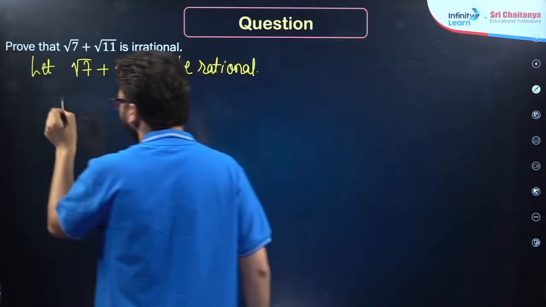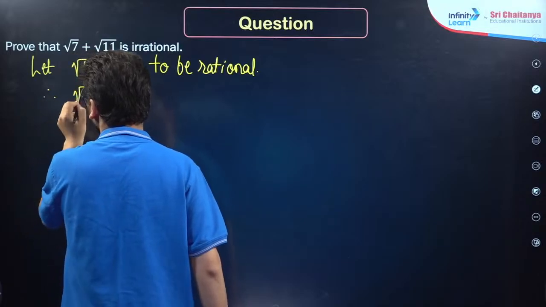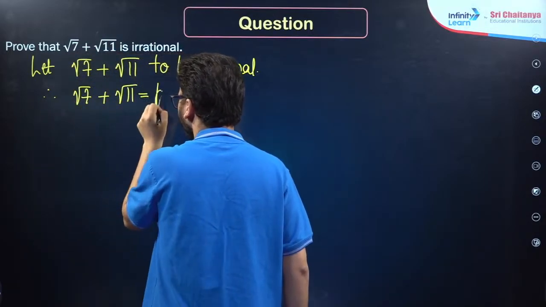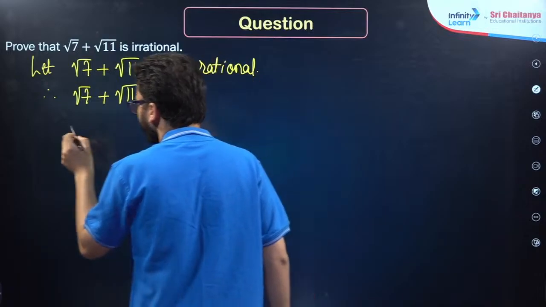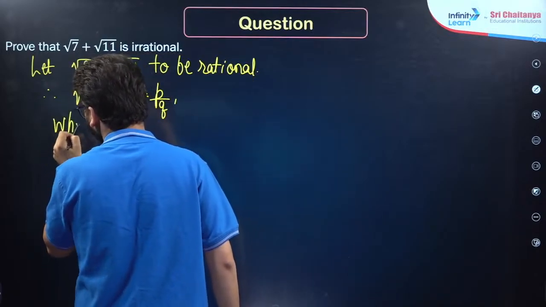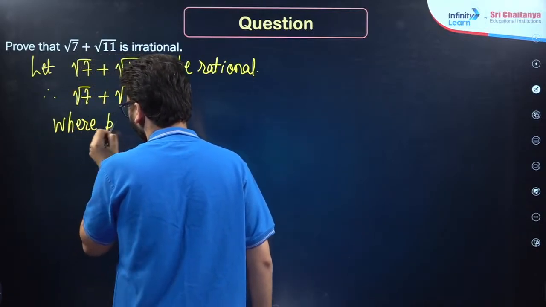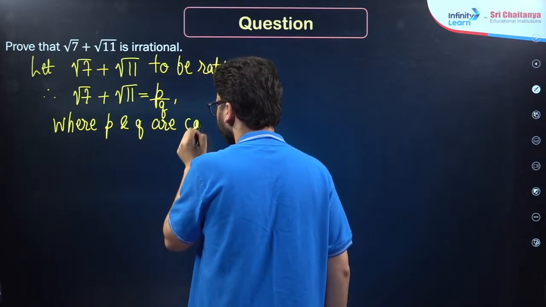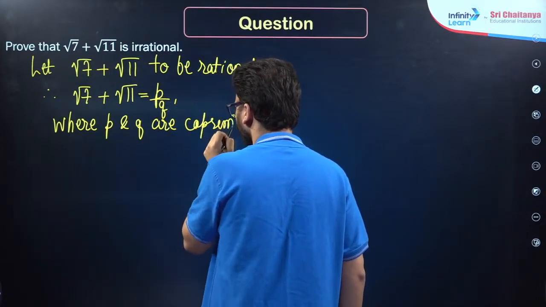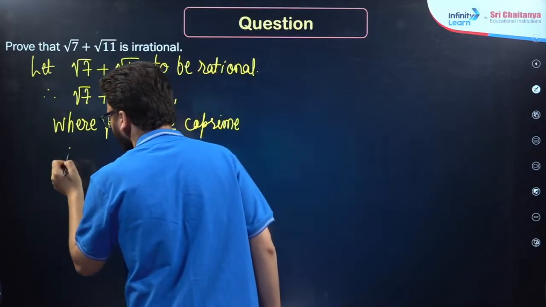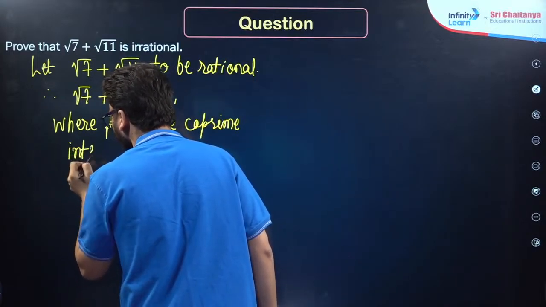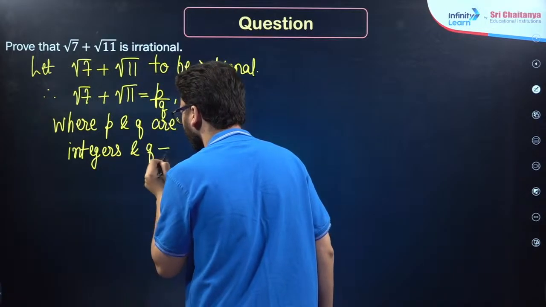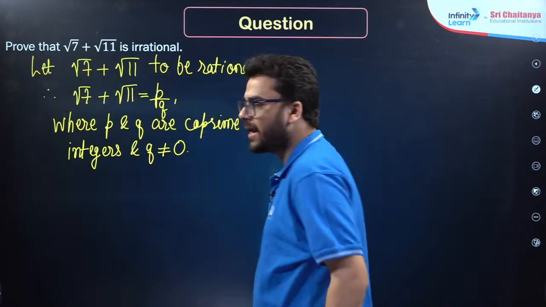Now over here, if it's a rational number, can we not say that root 7 plus root 11 is equal to p upon q, where p and q are co-prime integers? We can do like this over here.